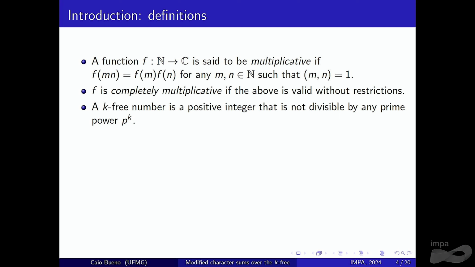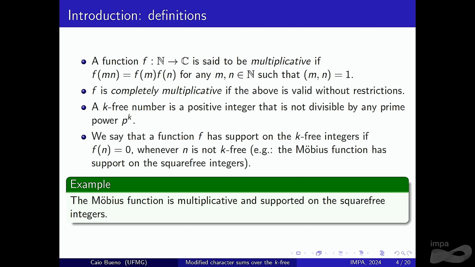We also say that a positive integer is a k-free integer if there is no prime p such that p to the power k divides this number. And finally, a function has support on the k-free integers if it vanishes outside of the set of k-free integers. So for example, the classical Möbius function is multiplicative and by definition supported on the square-free integers.